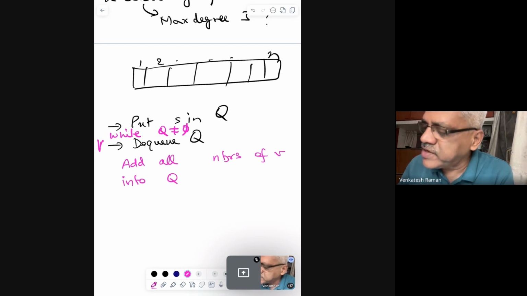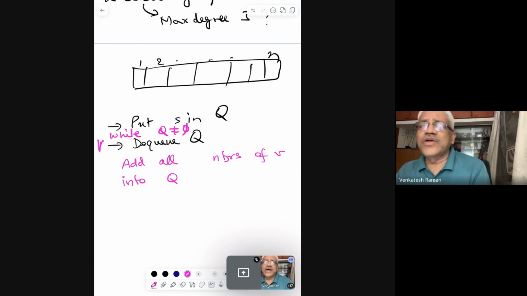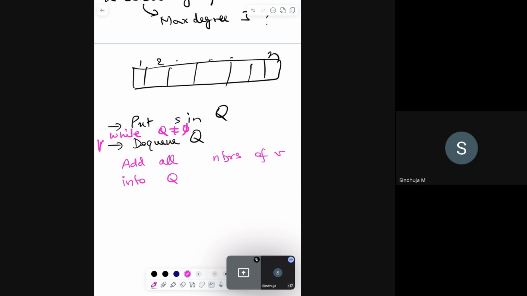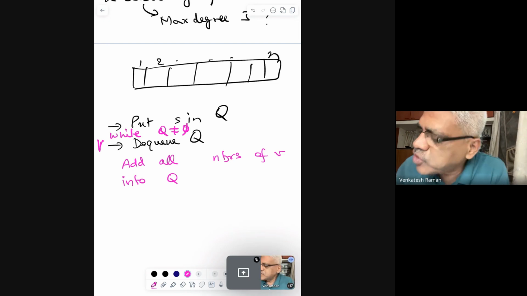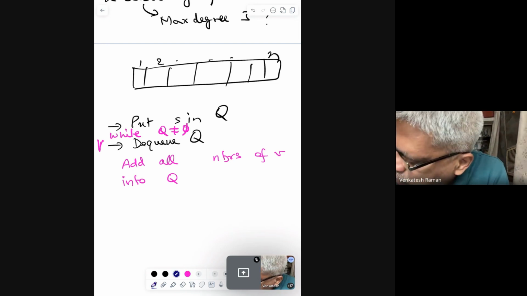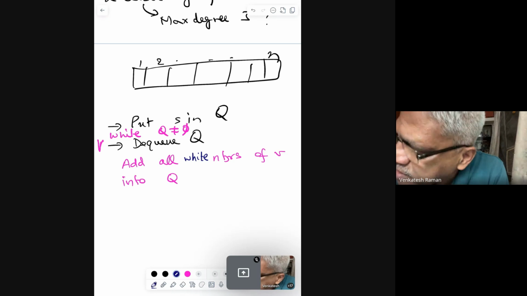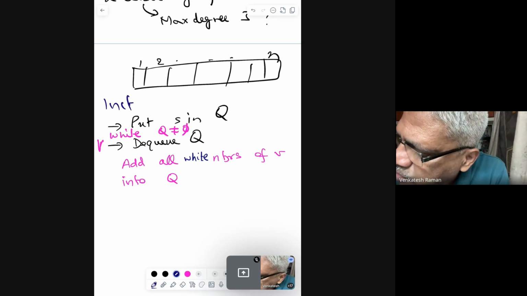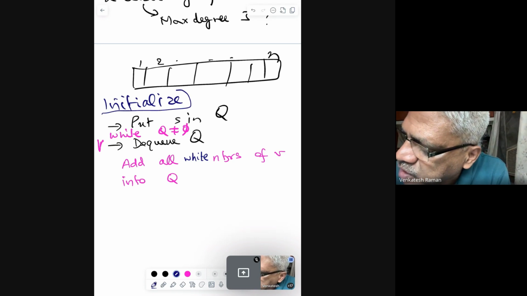And that's it. Essentially, we keep repeating this. But you don't add all neighbors. There is also some coloring you do, remember? White, gray, black. So there is some initialization about coloring. Every vertex is colored white.